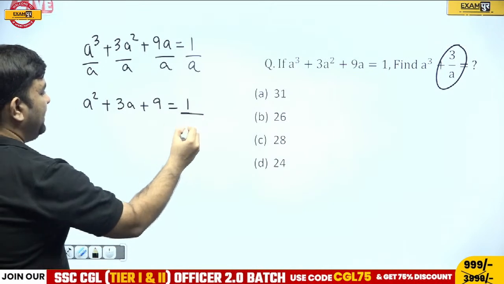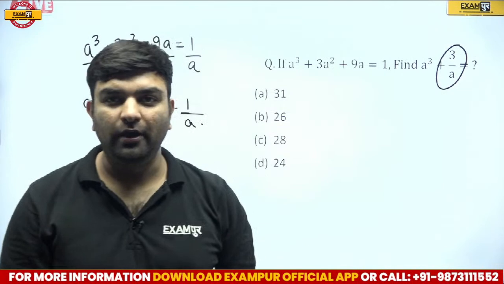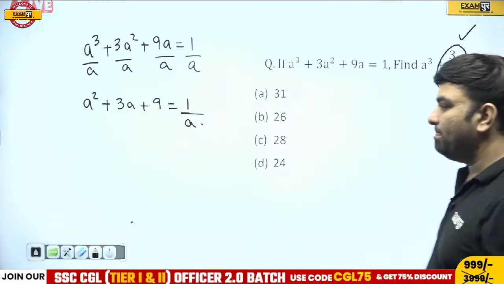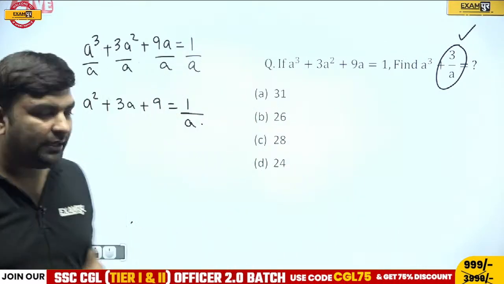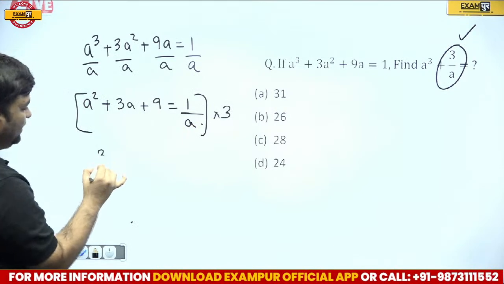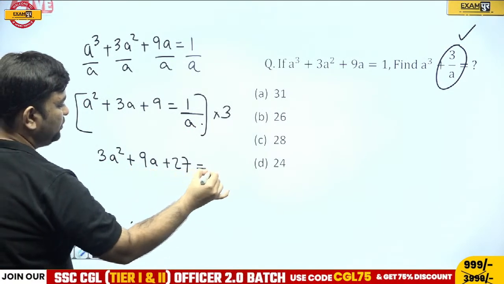Now you want to make it 3 by a, so multiply by 3 over here. It will become 3a square plus 9a plus 27 is equal to 3 by a.